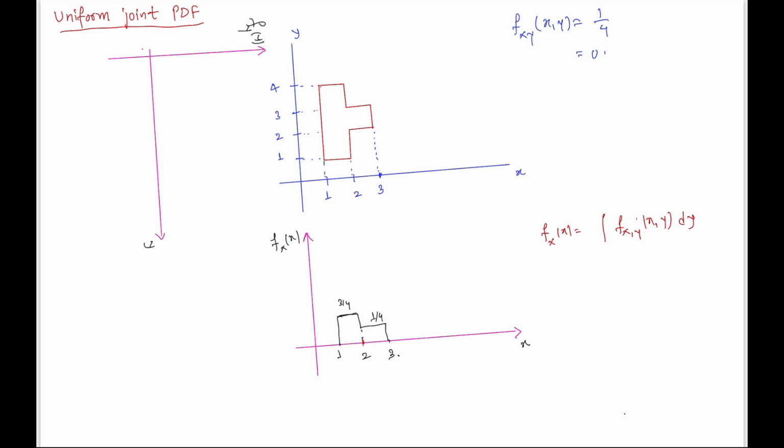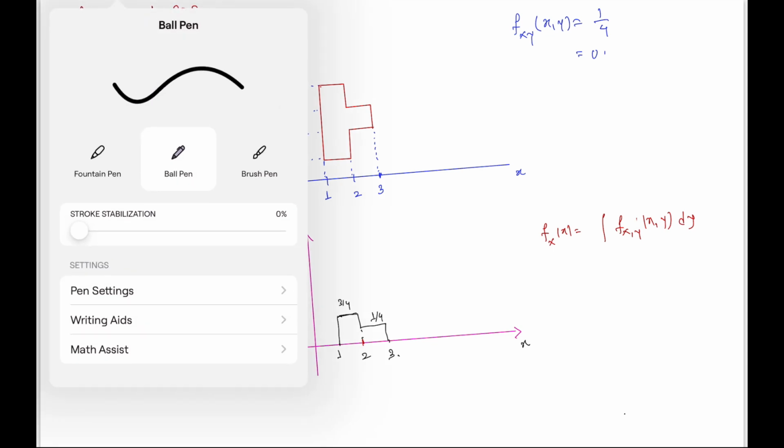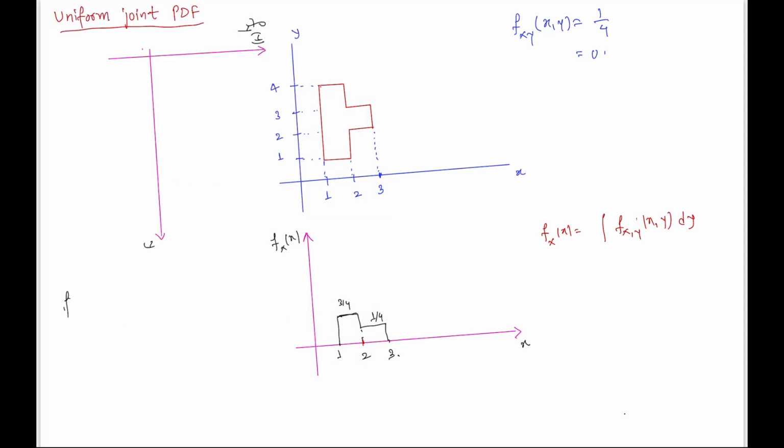right? Similarly, if you want to find the marginal PDF of this random variable y, then you will look at any fixed value of y, and you need to be very careful while selecting the range of the values, right? In this case we will be integrating over the values of x, right?